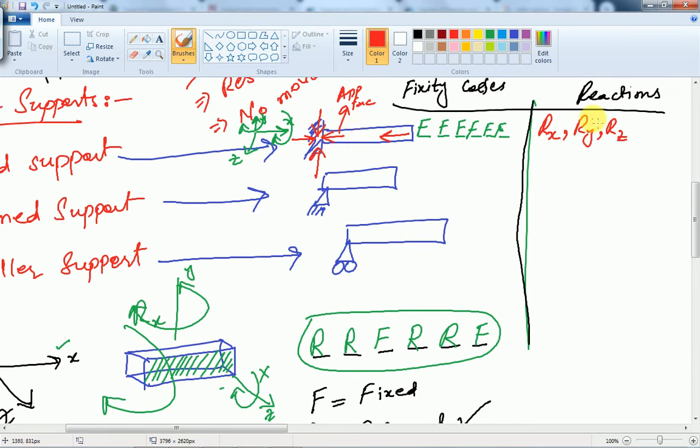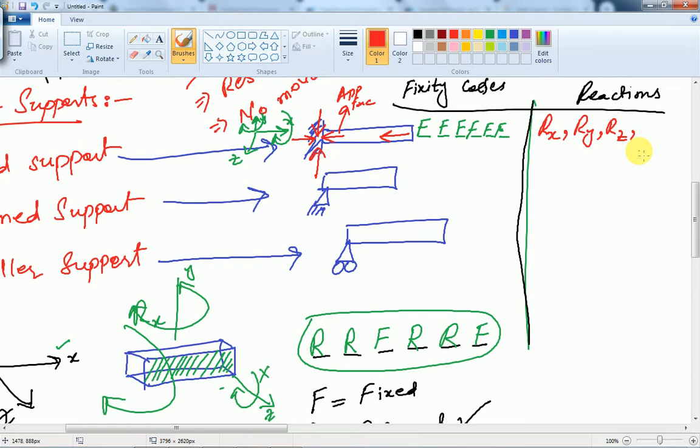That is why we write that this support will react in the y direction, and if we apply a force in the z direction, this support will also react with the same magnitude. So this was for the translatory applied forces.